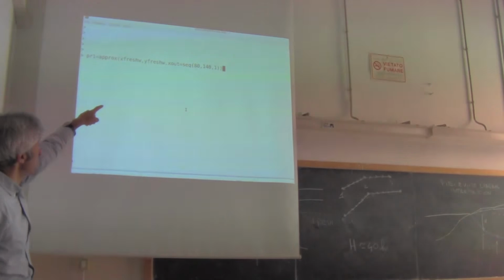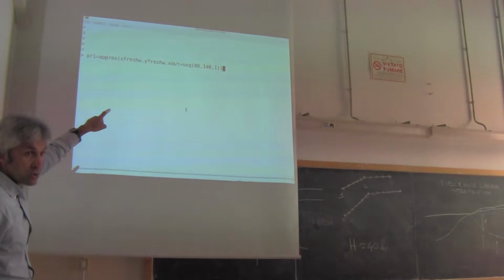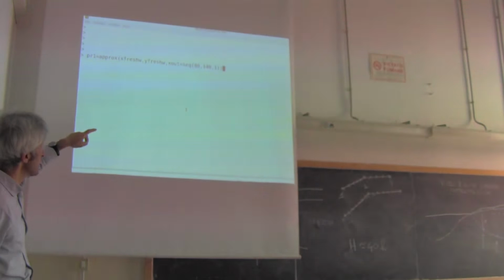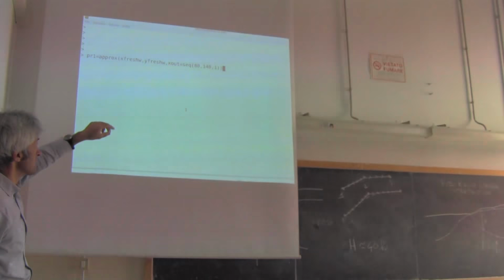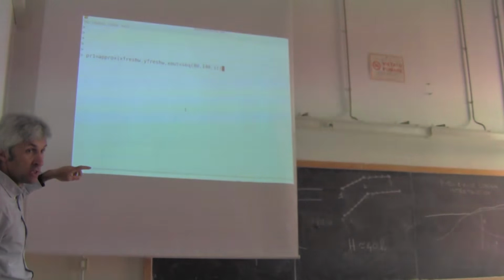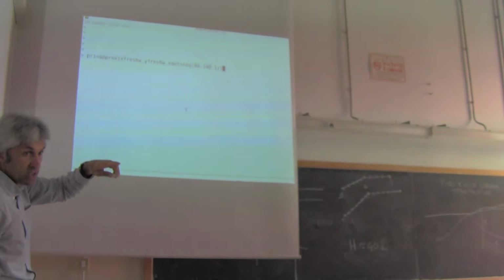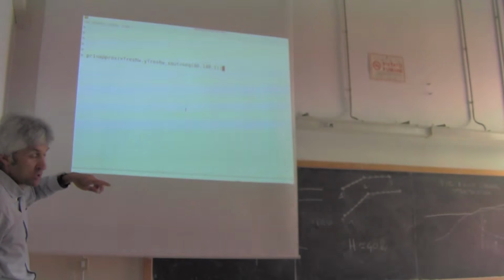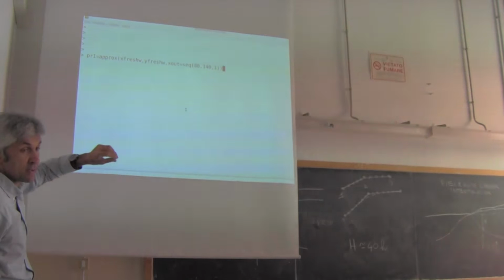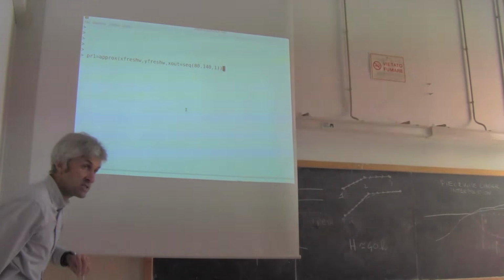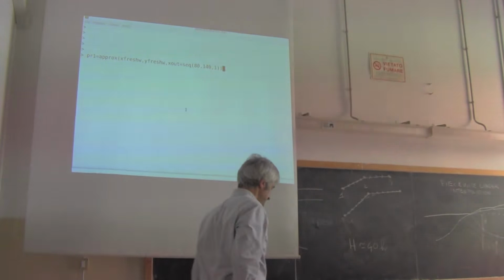And then I am specifying the xout, so the abscissas of the new points where I want to get my function interpolated. And you see that the abscissa is a sequence from 80 to 140, which covers the whole range of the freshwater profile, and with a step of 1. So I'm getting 1 point each meter. Very good.